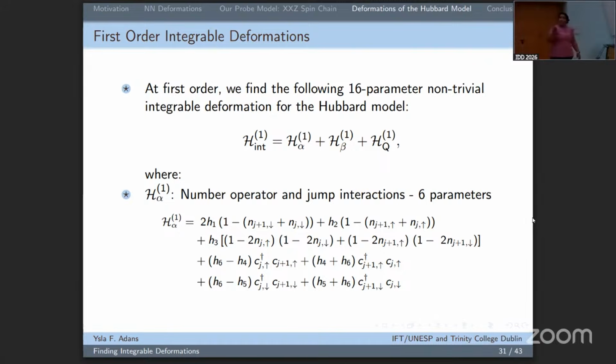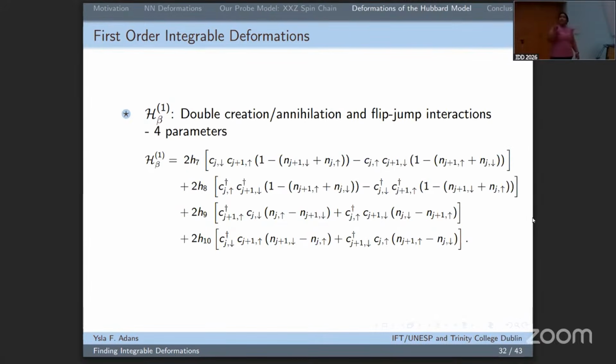The next part, that is the H beta, is a little more interesting because now you have double creation and annihilation interactions. Of course, they are in different sites, so you can create and annihilate different species in different sites of the Hubbard model. And also, you have something that is not only a flip in your Hamiltonian, but it also makes a flip and a jump.